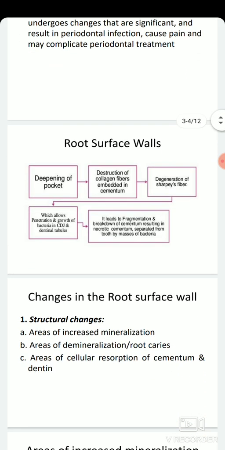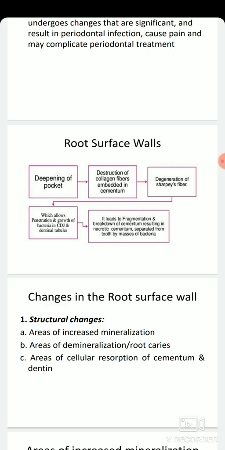So, root surface walls where the deepening of periodontal pocket happens. First the periodontal pocket deepens, the collagen fibers embedded in the cementum are destroyed, and the cementum becomes exposed to the oral environment. The oral environment includes more microbiota.